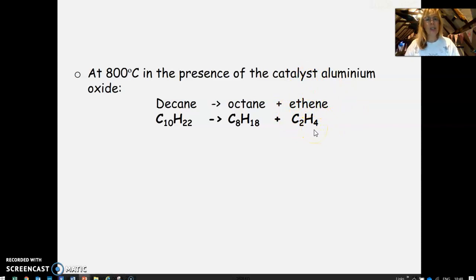And that's where they can ask you about the properties of the alkenes, the properties of alkanes, and how they can test for it as well. So what I'd like you to do is pause the video and copy this equation, please. Okay, so really important to remember that an alkene is always formed in the cracking reaction.